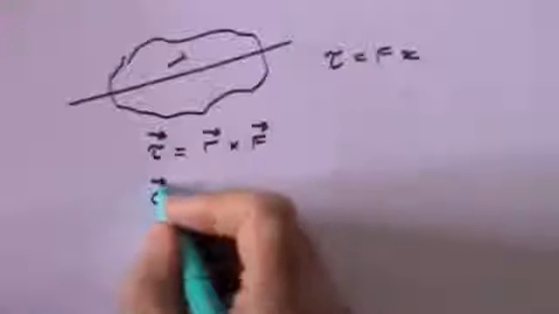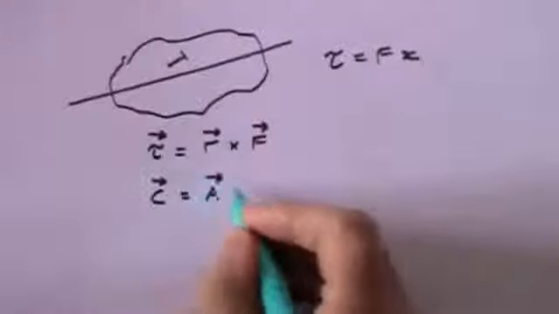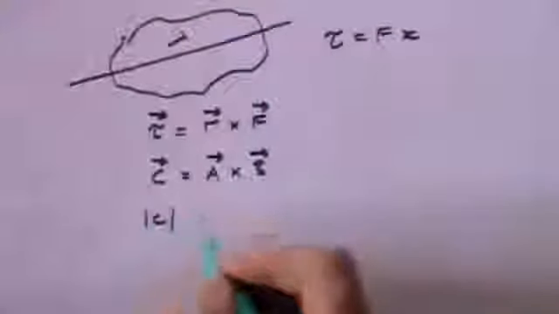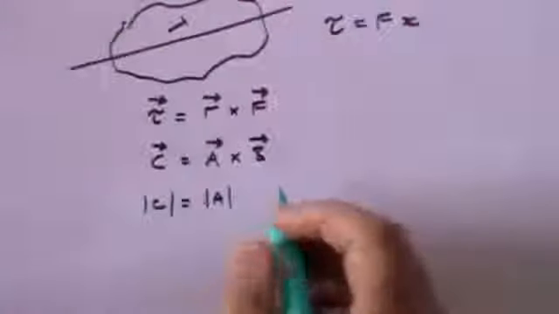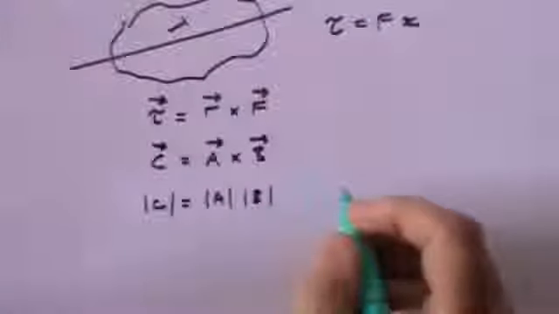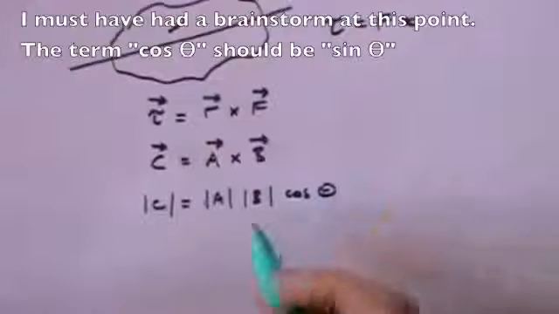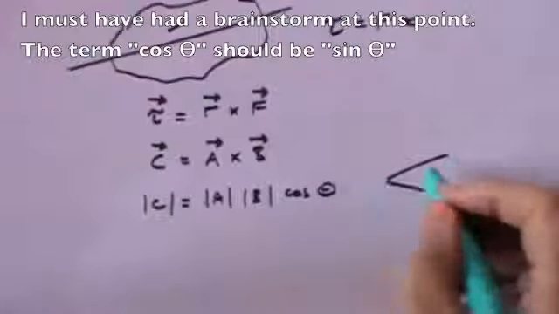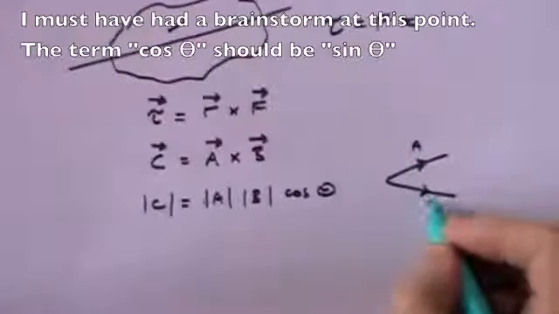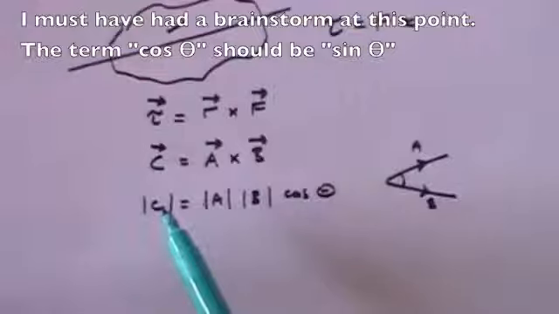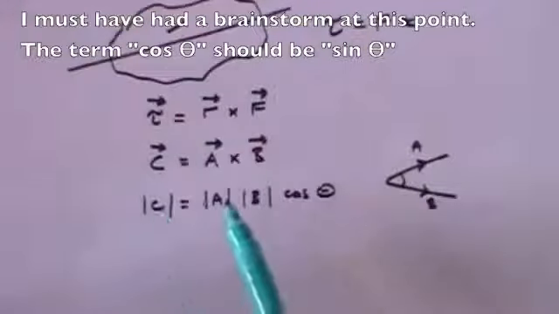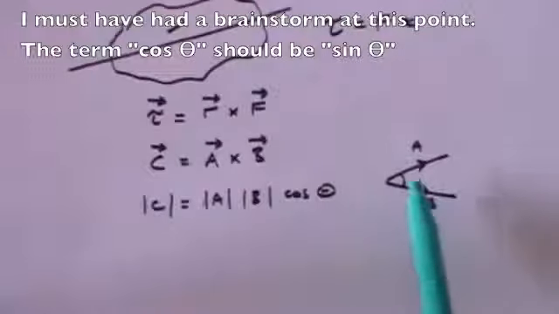If you have a vector C, and you say that that vector C is equal to the cross product of A times B, what that means is that the magnitude of the vector C will be the magnitude of the vector A times the magnitude of the vector B times the cosine of the angle between A and B. So if you have A and B with an angle between them, then if you've got a cross product, the magnitude of C will be the magnitude of A times the magnitude of B times the cosine between them.